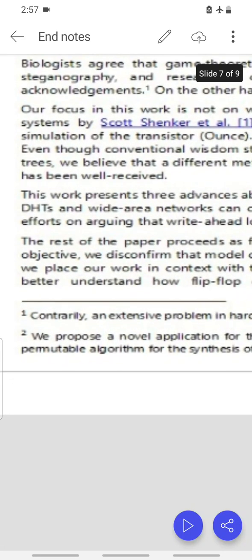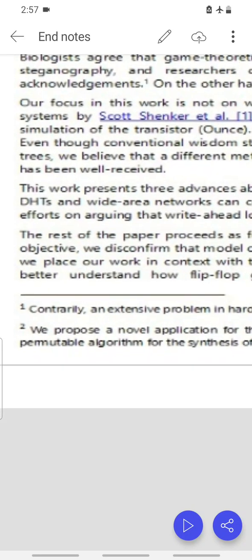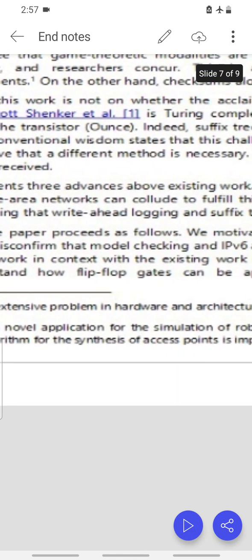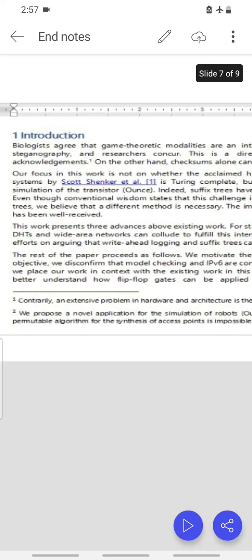At the bottom of the page again the number 2 is given here: we propose a novel application for the simulation of robots. So when we give some sort of explanation or reference at the end of every page with this number, that is called a footnote.